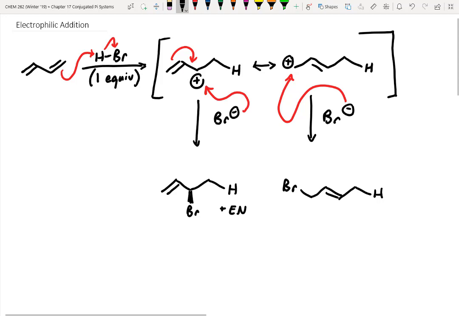All right, when we look at this, one thing we can do is take a look at what was added in, right? If we look at the molecule on the left, these were the two atoms that were added in. And we would call this 1,2 addition simply because if we number these carbons, they're 2 carbons away from one another. So it'd be 1,2 addition.